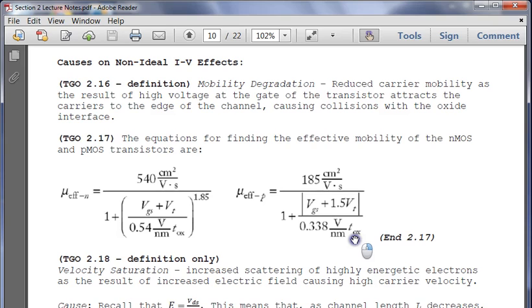Specifically, when channel length decreases, we increase the electric field, and we create this concept called velocity saturation: increased scattering of highly energetic electrons as the result of increased electric field, causing high carrier velocity. If you think about it, let's say you're watching a bunch of kids at a camp, and suddenly you give them all sugar.